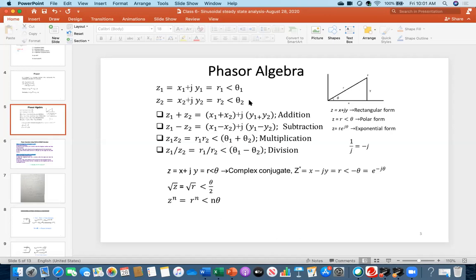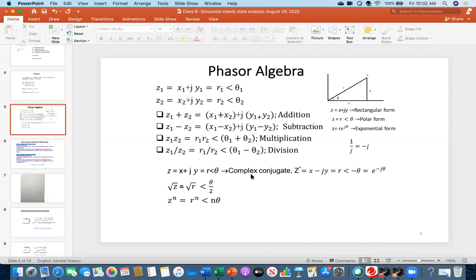This means that when you have two phasors in this format and want to multiply, just multiply their magnitudes and sum up their angles. How do you divide? r1 over r2, and the angle is theta 1 minus theta 2. Because we will be solving for current, voltage, and impedance, this type of operation will come, and accordingly we have to use these things.